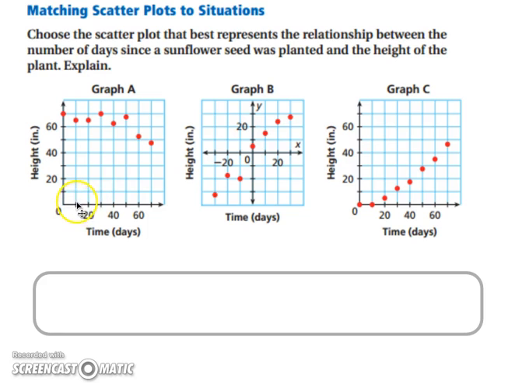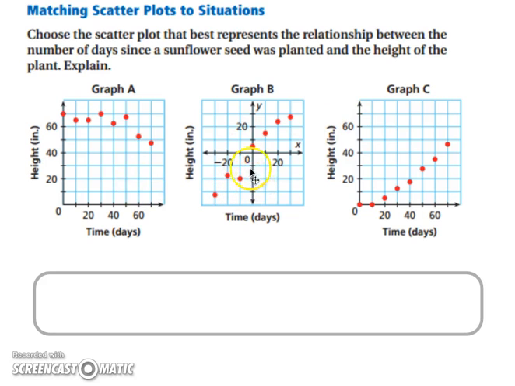Then in 20 days, it was 65, and then in 30 days, it was back up to 70, and by day 60, it was down closer to 50. A sunflower doesn't decrease in height, nor is it going to be 70 inches tall on day 0. So it's not graph A.